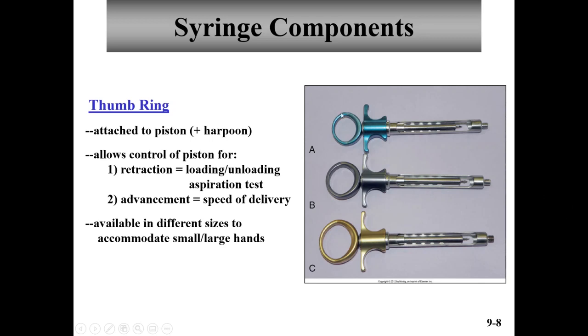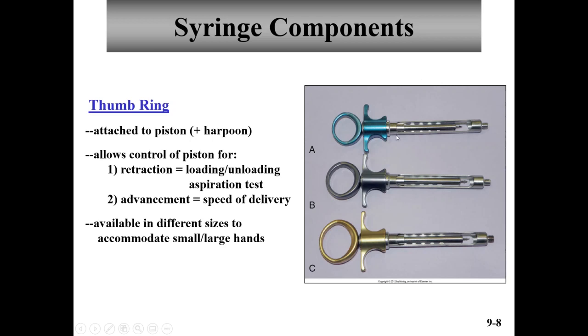Now these are made in different sizes. You'll notice that the size of the barrel of the syringe is the same, but that the thumb rings are different sizes. If you have really tiny hands, really small hands, you're probably going to need a small syringe.